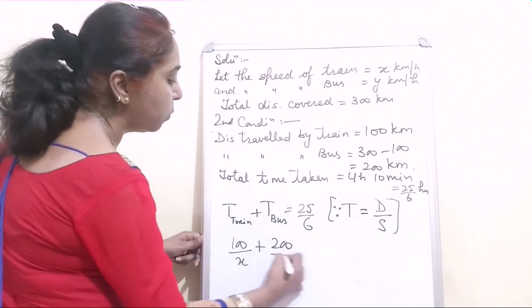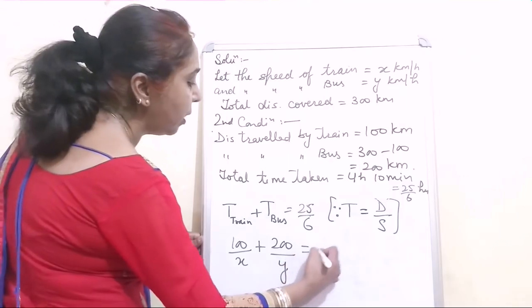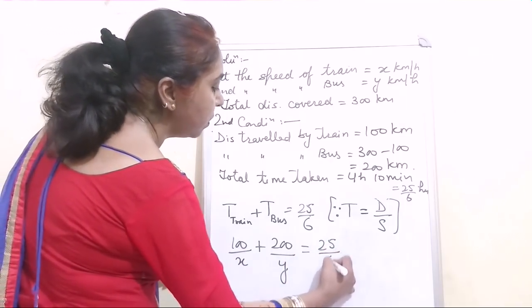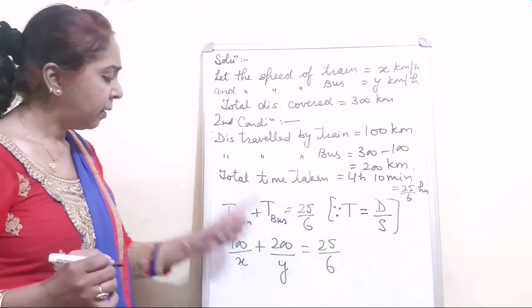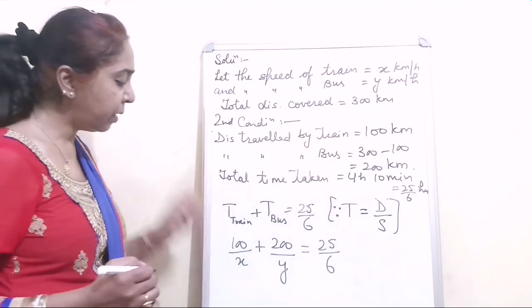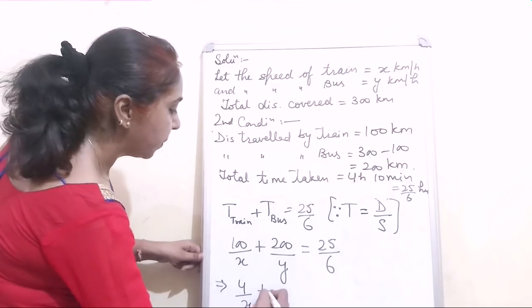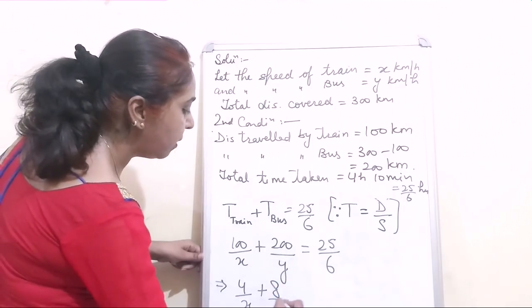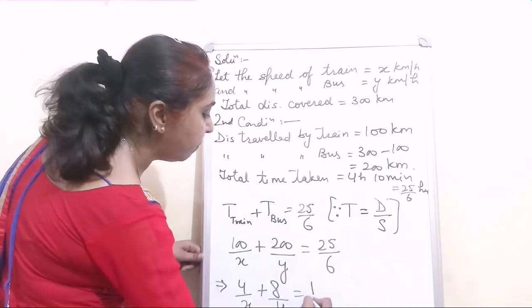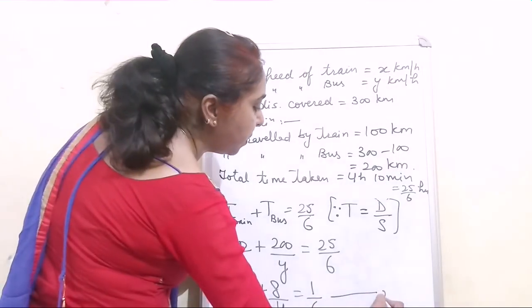Similarly, 200 upon y equals 25 upon 6. Can you see anything common here? 25. So 25 fours are 100 and 25 eights are 200 and 25 ones are 25.